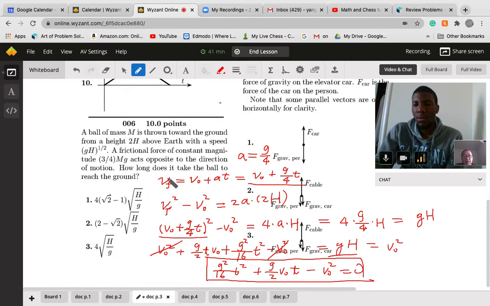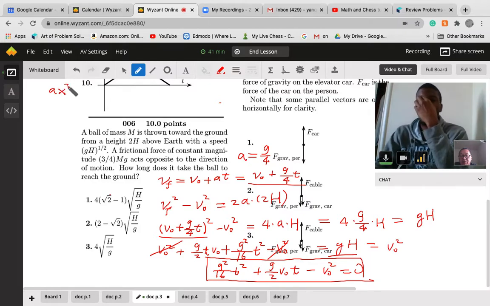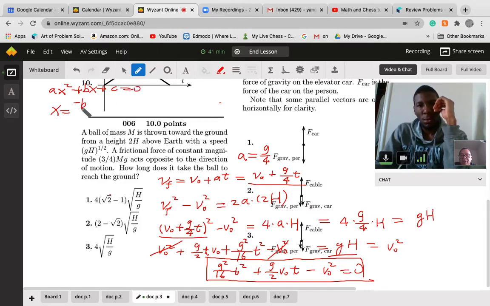To solve this one, you can use the quadratic formula. The quadratic formula is for ax squared plus bx plus c equals 0. x equals negative b plus or minus the square root of b squared minus 4ac, divided by 2a.